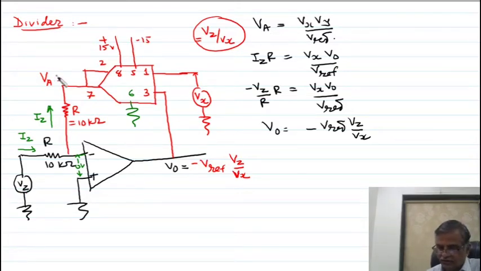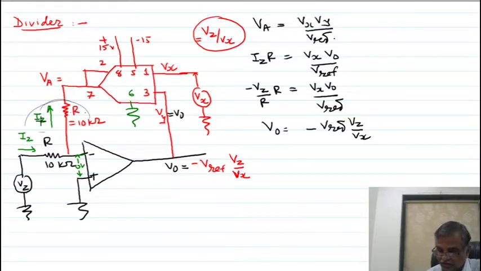For the derivation, VA is nothing but Vx Vy upon V reference. This is your Vx, this is your Vy. So Vy is nothing but your Vo, and this VA is nothing but the current into R, minus.